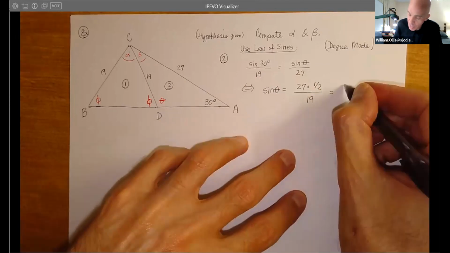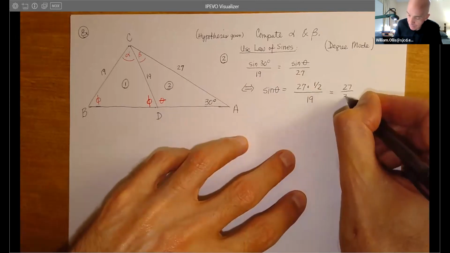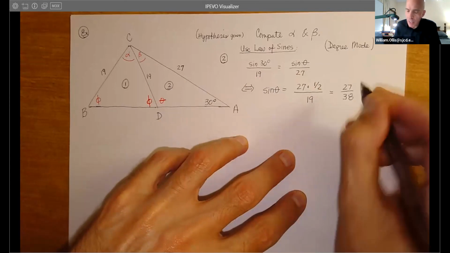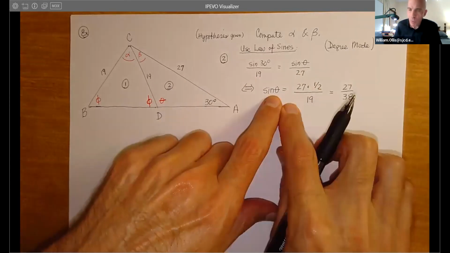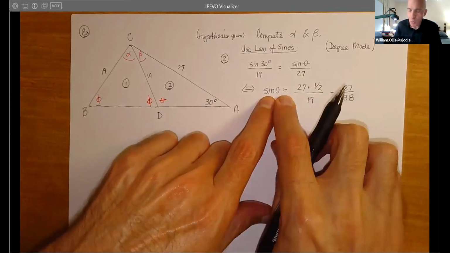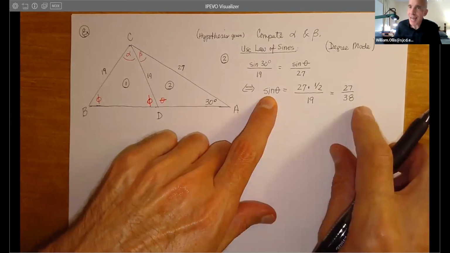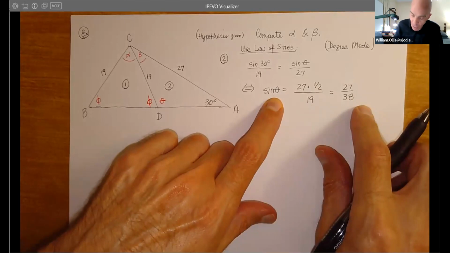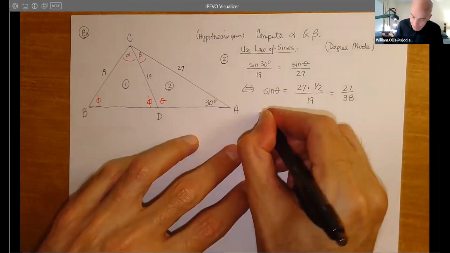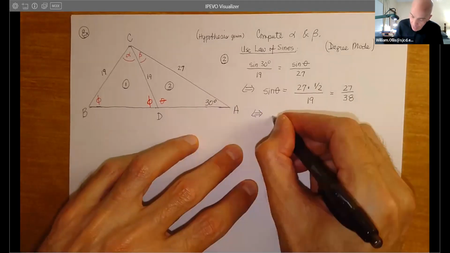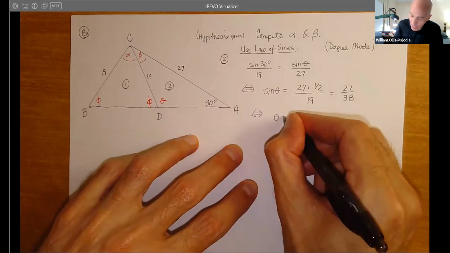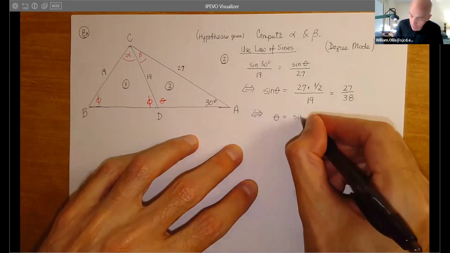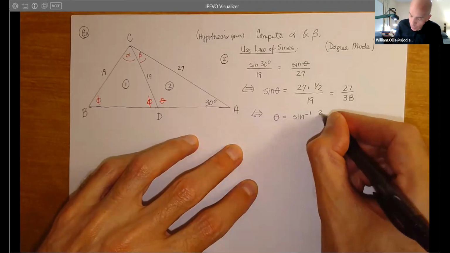So this is 27 over 38. Now, notice here, we have sine of theta equal to 27 over 38. So we can actually solve for theta using the inverse sine function. So equivalently, theta is equal to inverse sine of 27 over 38.